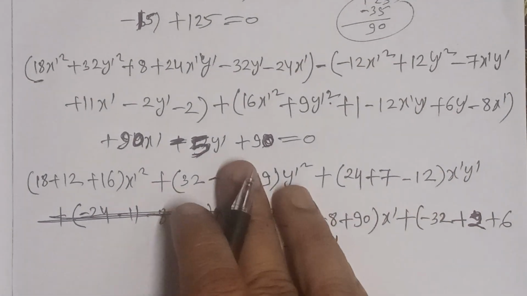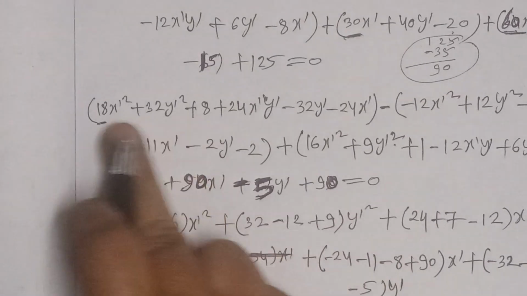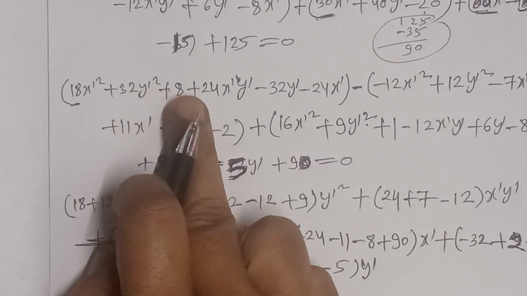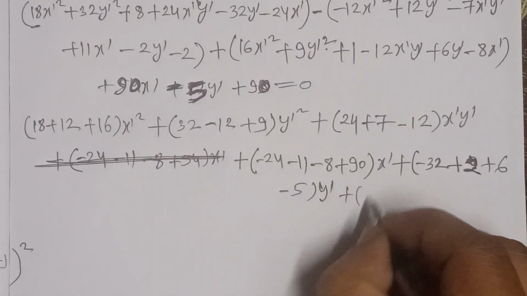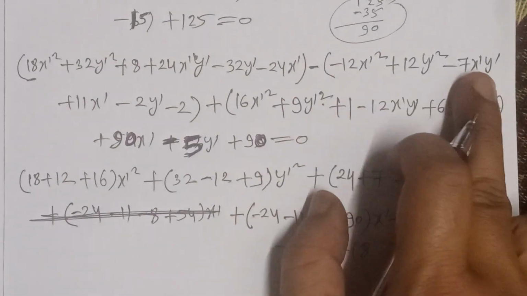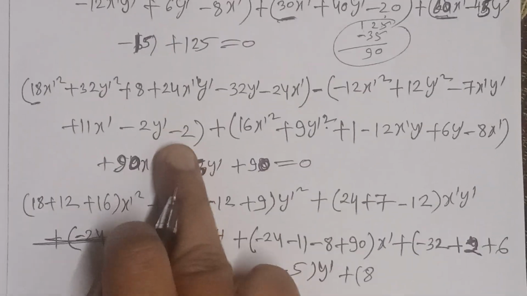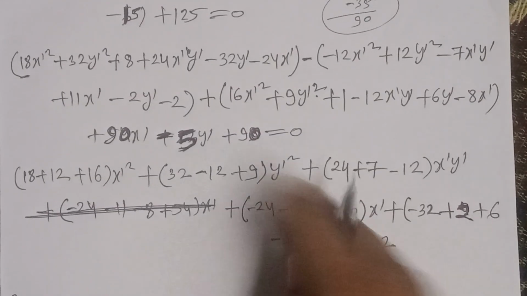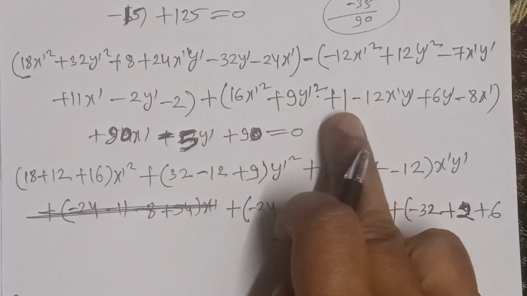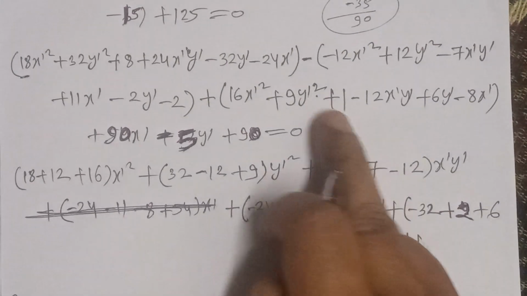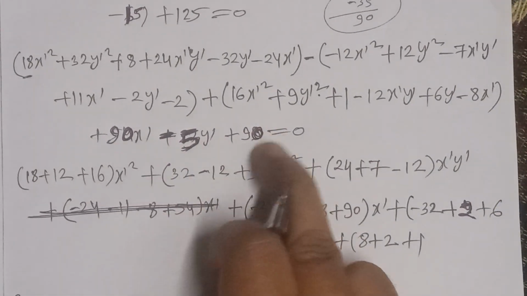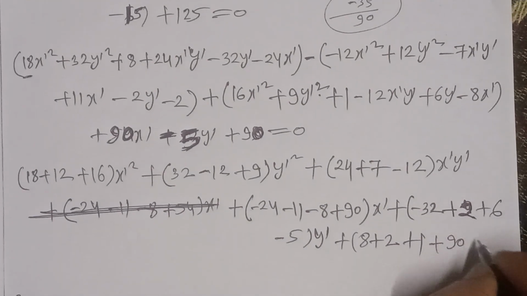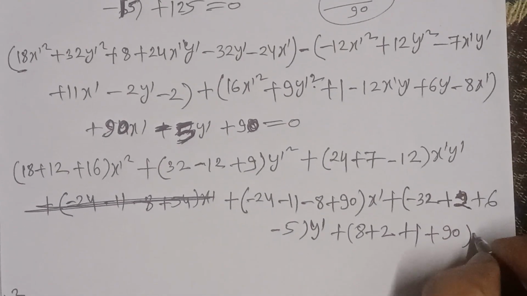And now we have to find the constant term, which has here plus 8, and in this term we will find plus 2, and here plus 1, and at last we get plus 90 equal to 0.